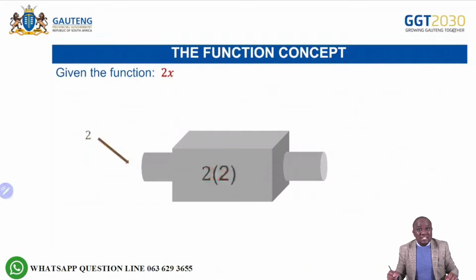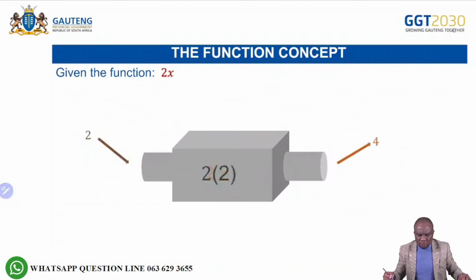Using brackets is very, very important. So now you see where there's x, we're going to replace the x with 2. So where there's x, we put 2 inside the bracket. Very, very important. And then 2 times 2, we get the output value, which is 4.